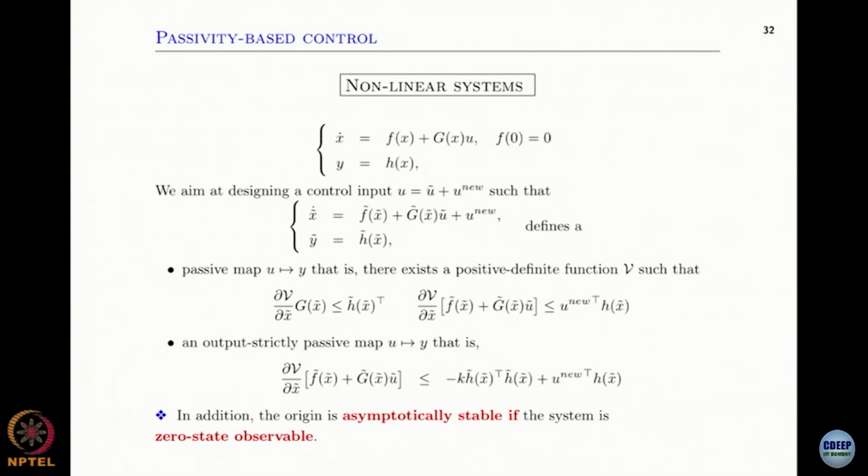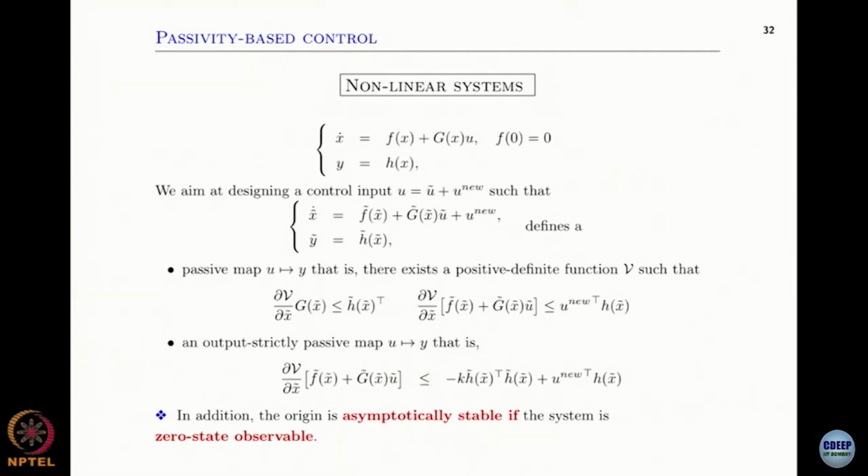So you want to design U so that the closed loop system should be less than or equal to the new input that you're injecting multiplied by the output. In that case, you will have a passive map from the new input. If your U tilde in addition injects damping through this output, then you will have this inequality that will give you strict passivity.